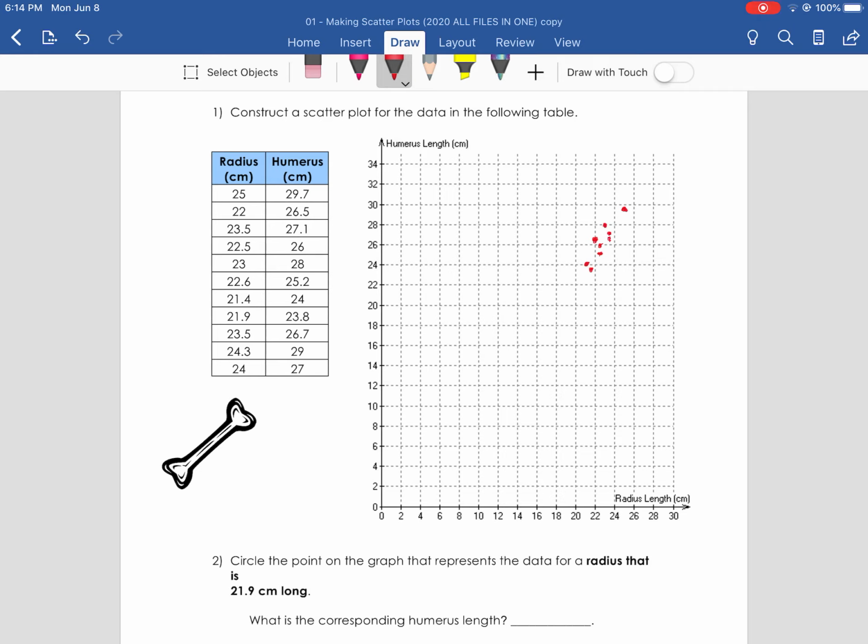Maybe a little higher than that. There we go. 24.3 and 29. And 24 and 27.